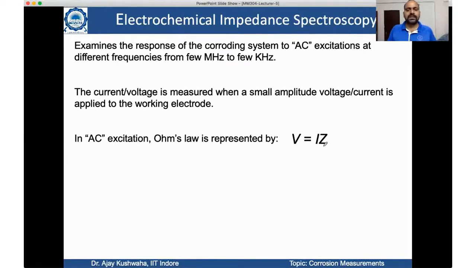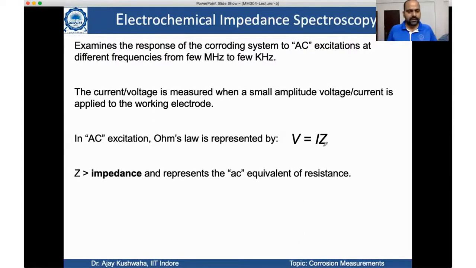Basically V equals I Z, rather than writing V equals I R. So R is replaced by Z, and Z is known as the impedance, the AC equivalent of the resistance. In a DC circuit it is resistance, and in an AC circuit it is known as impedance. Both impedance and resistance are of a similar nature; the only difference is whether we have DC or AC inputs.